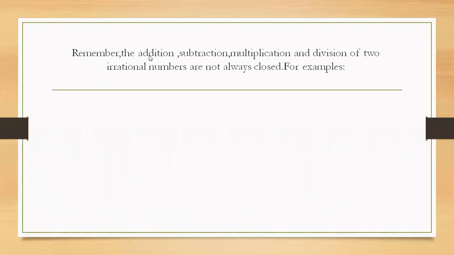Remember, the addition, subtraction, multiplication, and division of two irrational numbers are not always closed. Not always closed means when we add two irrational numbers, sometimes the answer may come irrational and sometimes rational.